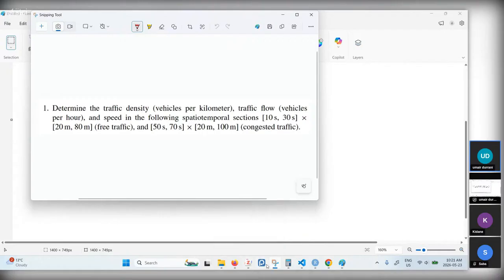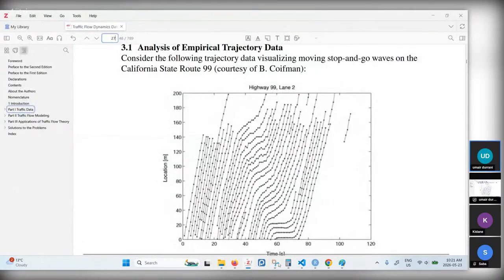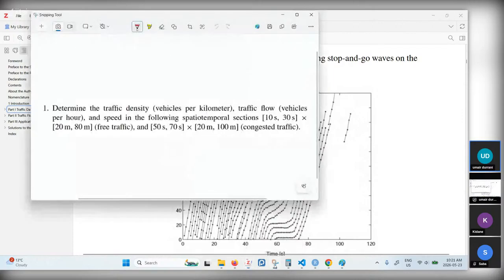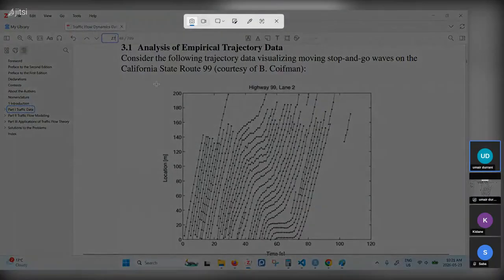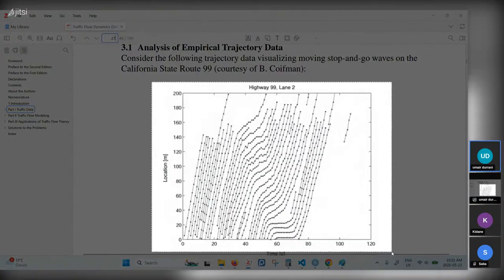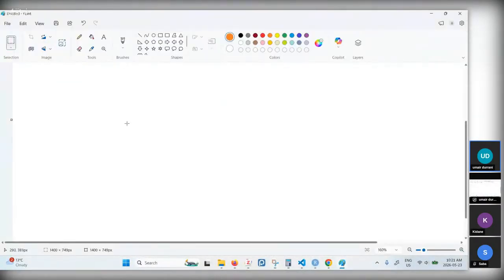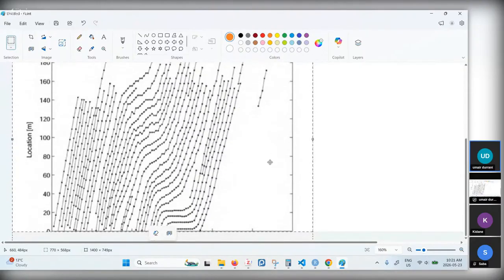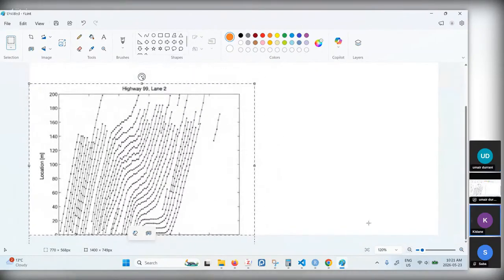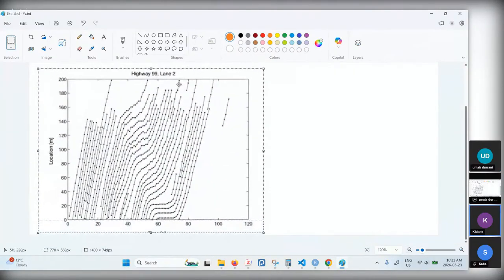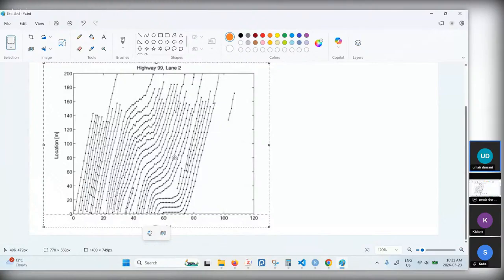Let me grab the plot first. So in the second part of the question, we do need 50 to 60 and 40 to 100.